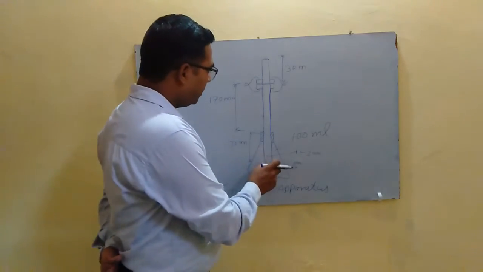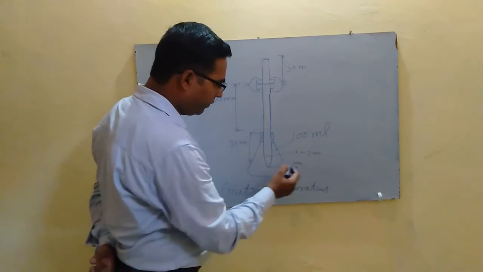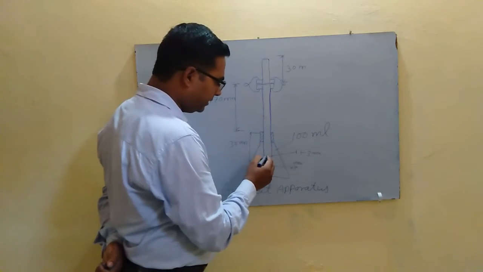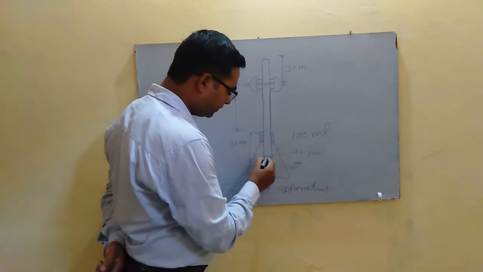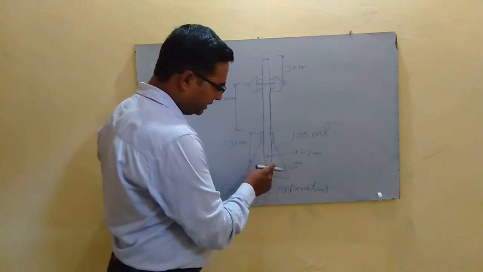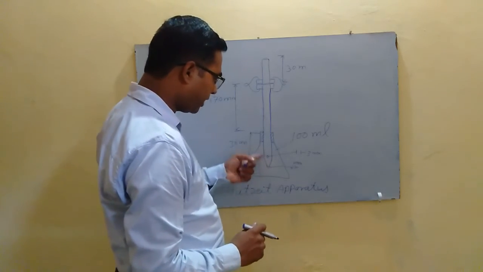The lower end of this tube has a pore of 1 mm diameter and a side pore of 3 mm in diameter, a few centimeters above the lower end.